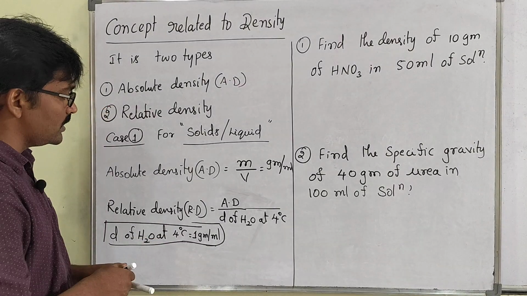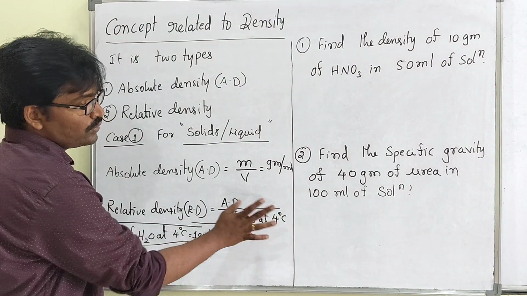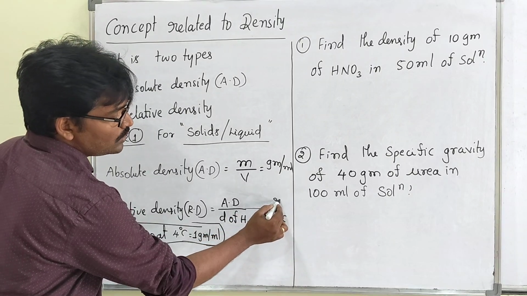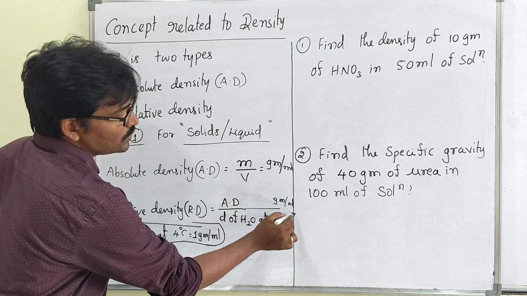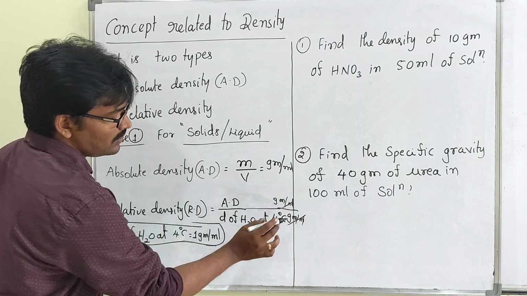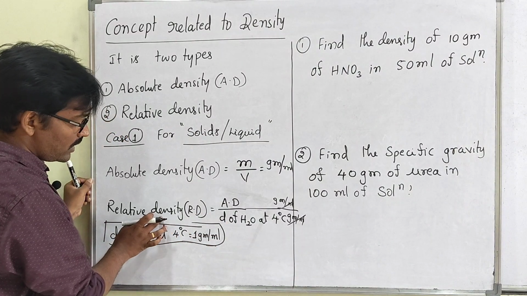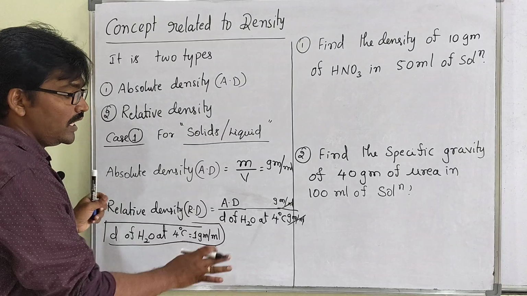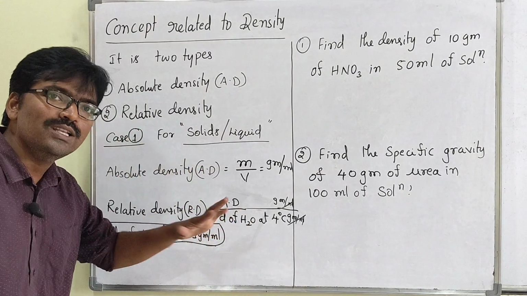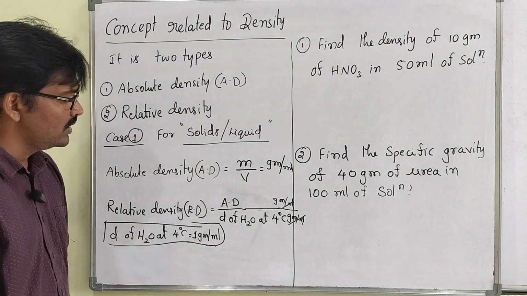Absolute density has units of gram per ml, and this one is also gram per ml, so gram per ml will be cancelled. There are no units for relative density, but the value is almost like absolute density only, because it is divided by 1.